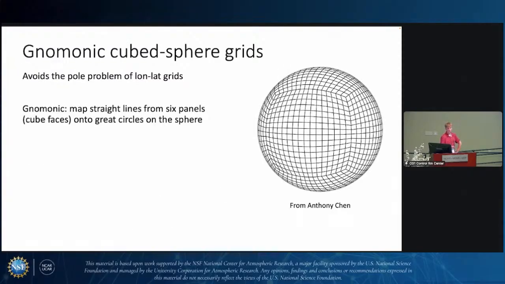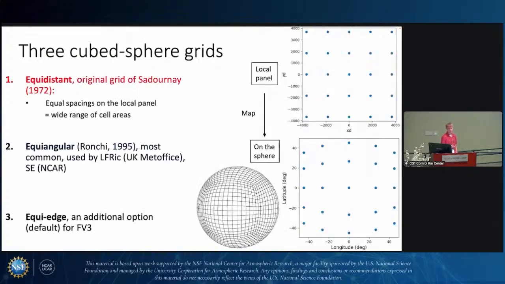So we're looking at this on cube-sphere grids. So these have been becoming ever more popular to avoid the pole problem on lat-long grids. And specifically the gnomonic version of this is where you take a cube and you project lines from the faces of this cube onto the sphere. So there are three different cube-sphere grids that I like to look at.